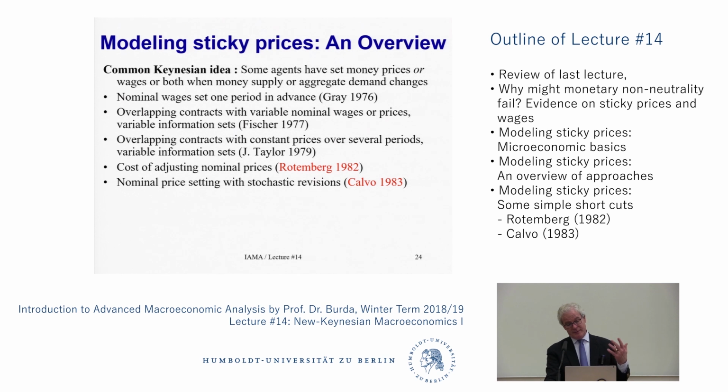And the alternative, popular with Jordi Galí and his students, is the so-called Calvo approach, which basically says that every vendor, every seller, has the option of changing prices only randomly. So it's not that you can change your price anytime you want. You have to somehow have the window of opportunity. Okay?